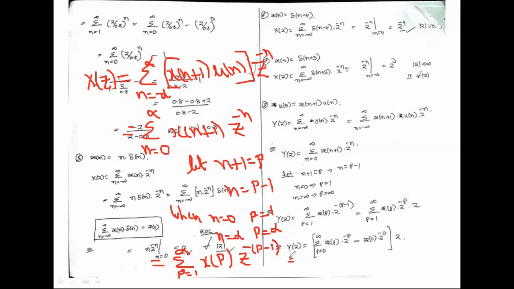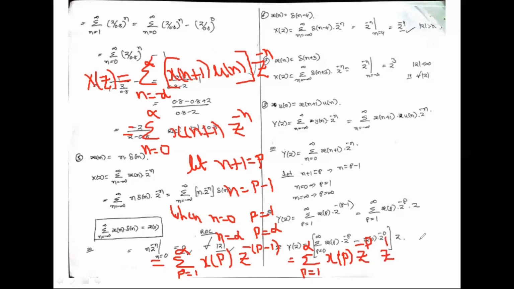Is equal to the sum of p is equal to 1 to infinity x of p z power minus p, and z power minus of minus 1 is z.